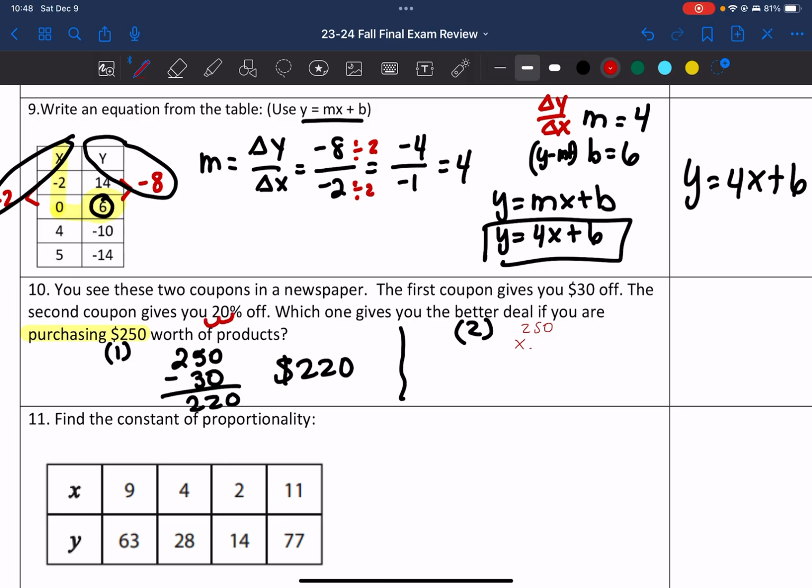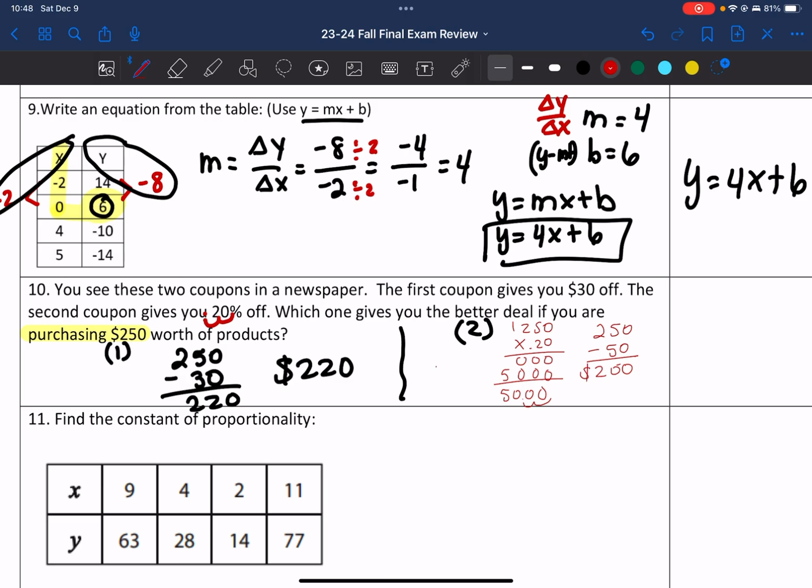So 1, 2, that would be 0.20. 2 times 5 is 10. 2 times 2 is 4. Plus 1 is 5. Move that decimal 2 spaces to the left, so we get $50 off. So here, what we're going to do is 250 minus $50. That is going to be $200.